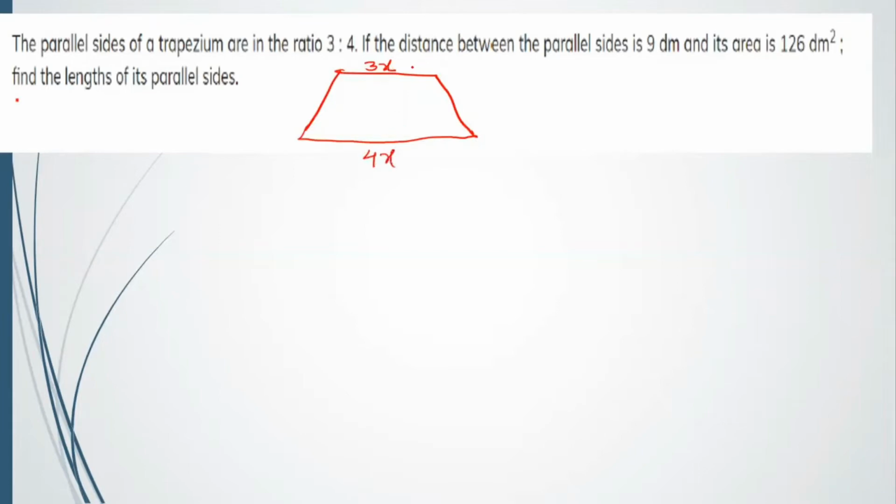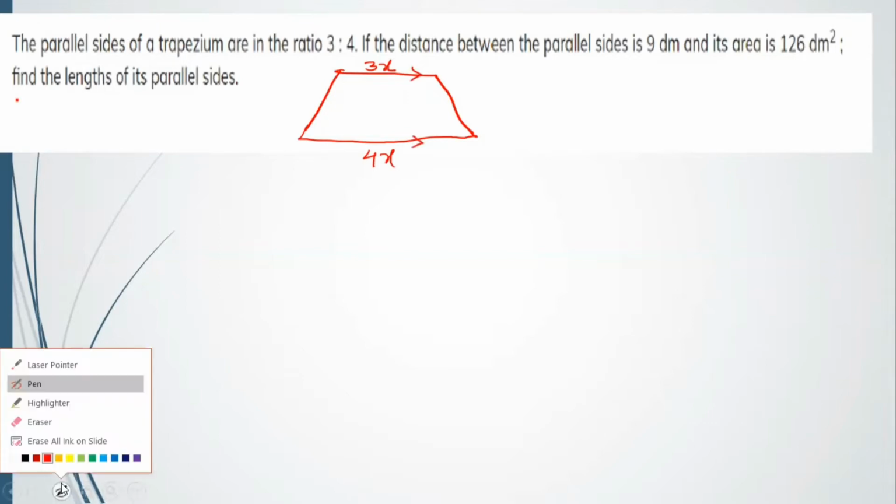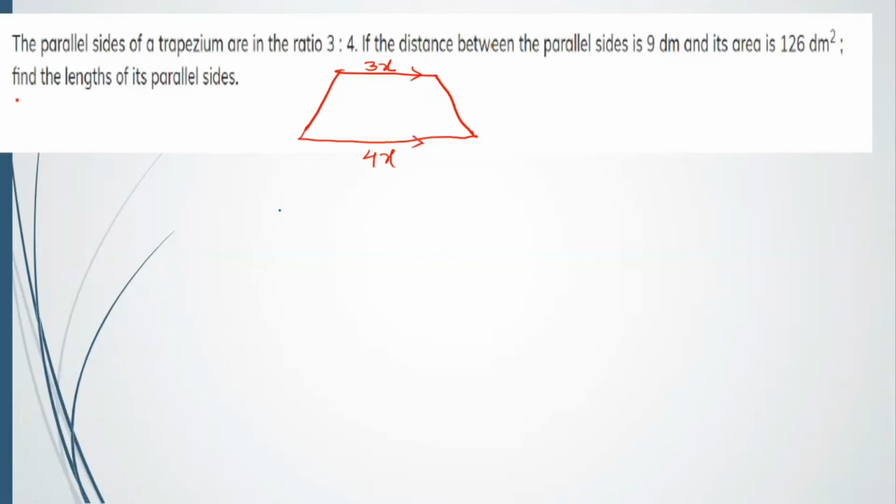These arrows indicate the parallel sides, and the distance between two parallel sides is always the height. So we have the height of the trapezium as 9 decimeters and the area is given as 126 decimeters square. Find the length of the parallel sides.